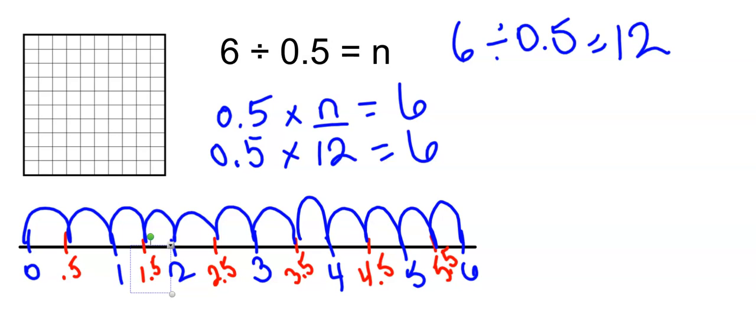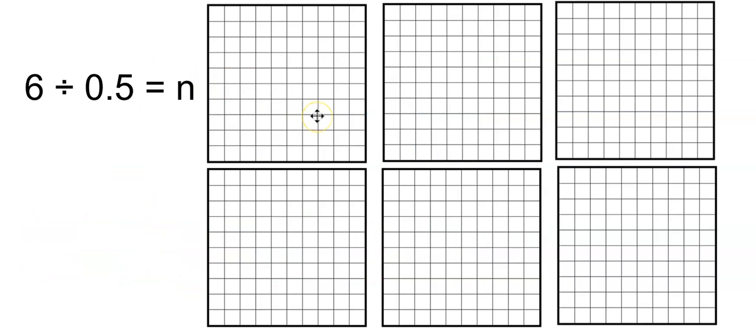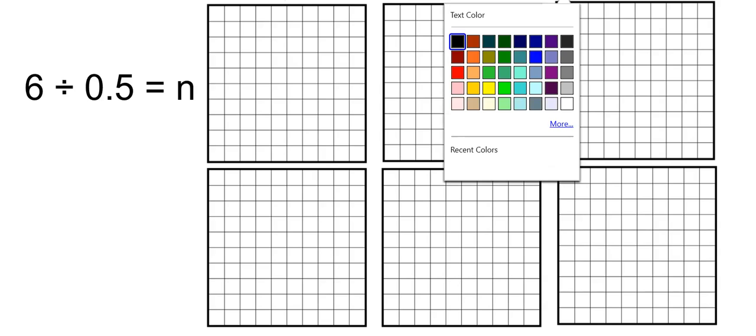Now, let's look at it using the 100 grid. So if I have 6 wholes, you see I have 6 of them, and if I divide them by 5/10, how many would I have? So let's take each one and divide it.